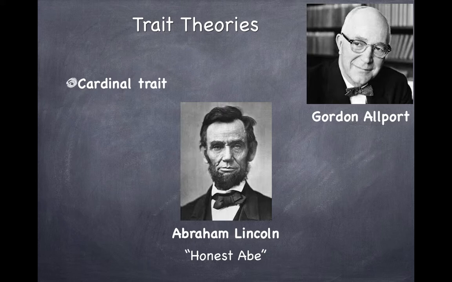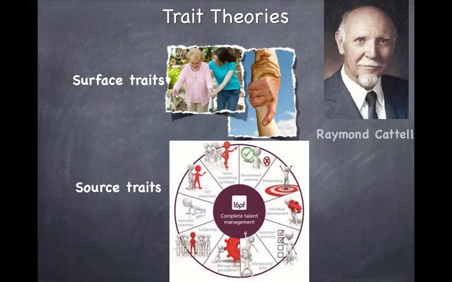Now, from Gordon Allport came Raymond Cattell, and he looked at traits as having surface traits and source traits. Surface traits were observable qualities of personality. Using observation and questionnaires, certain clusters of surface traits appear together time after time.